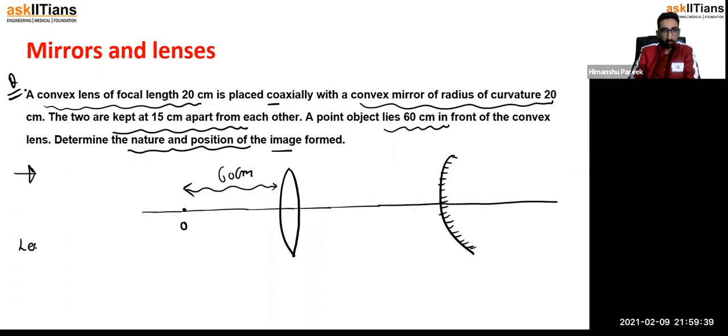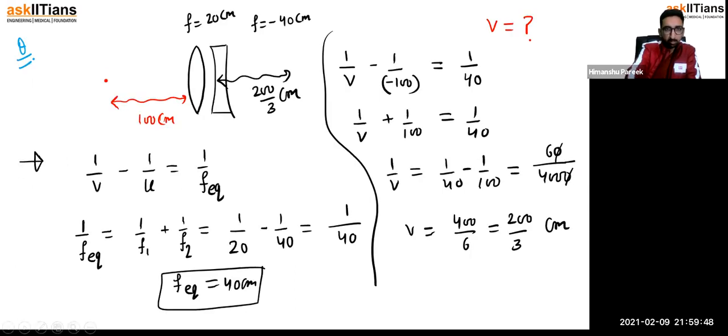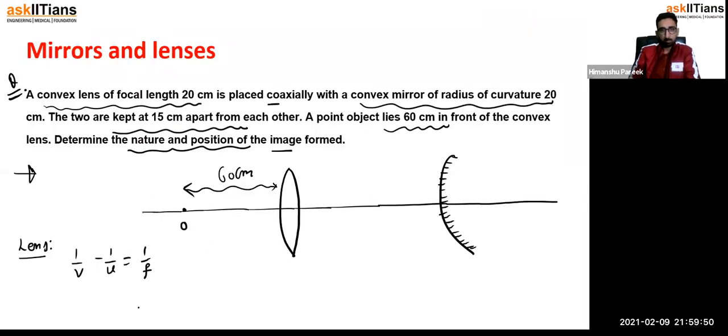So let's see how we'll work for the lens. 1 by V minus 1 by U is equal to 1 by F, because that's what we have done in the previous cases also. The lens formula. So 1 by V minus object distance, taken as minus 60, is equal to the focal length of the lens, 20, and that too positive because it's a convex lens.